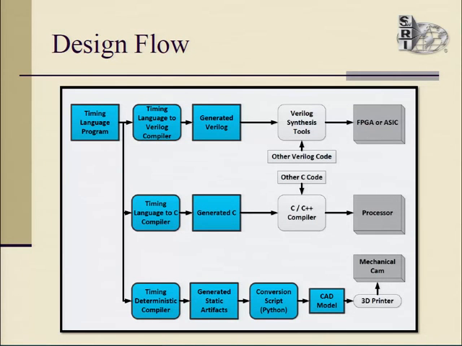Code to do the actual computation, the code from some of the frameworks we've seen today, those kinds of things. It's just a module. It's just a piece of the overall picture that addresses these particular timing concerns. Those go into standard C or Verilog tool chains to target FPGAs or processors. Or perhaps if you want to render this out as clockwork, you can generate a CAD model and a 3D printer to produce the mechanical model of the timing.